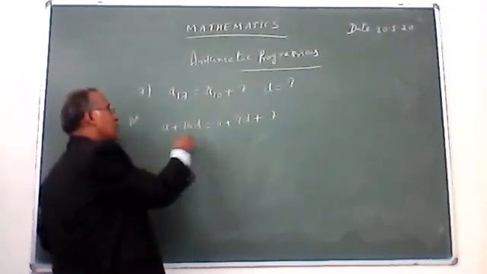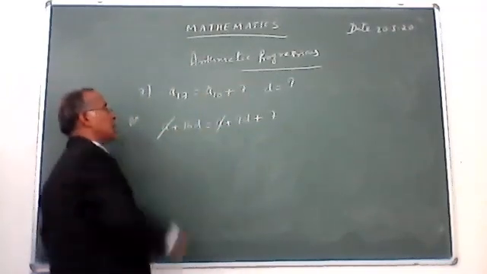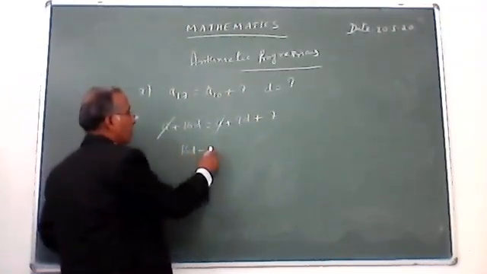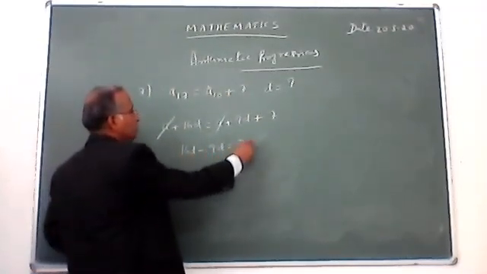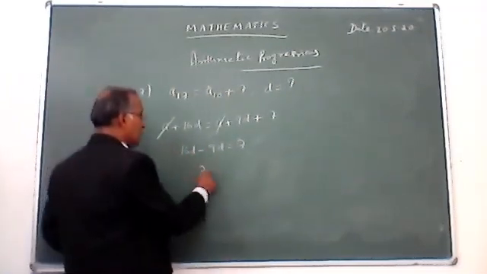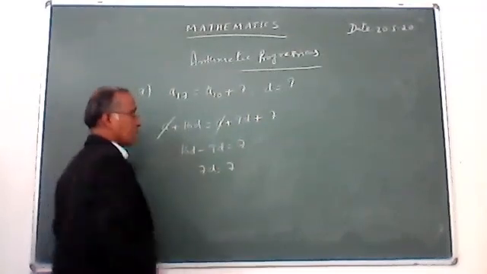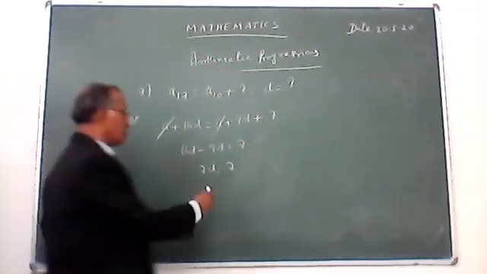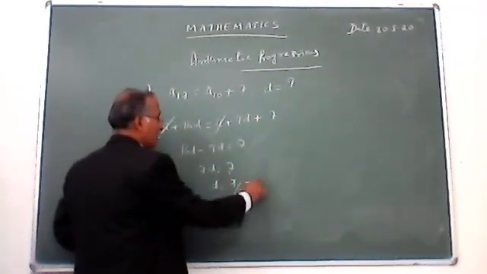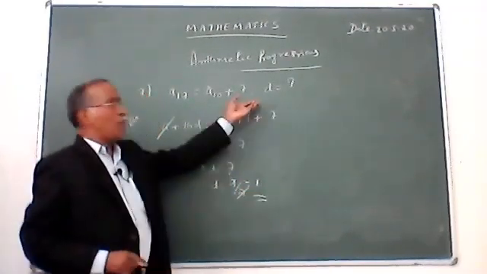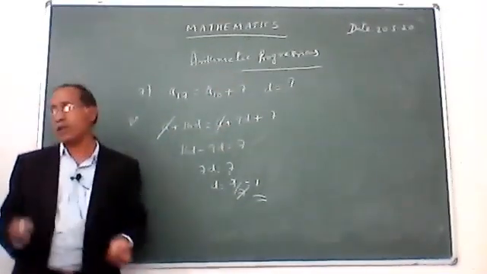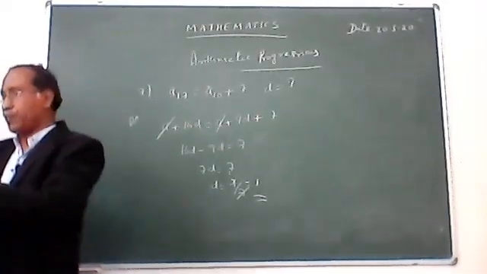Here, if I transpose A, this becomes minus A. A gets simplified. Then 16D minus 9D is equal to 7. 16D minus 9D is how much? 7D, which is equal to 7. So D is equal to 7 by 7, 7 ones are 1. Therefore, common difference of this AP is 1.